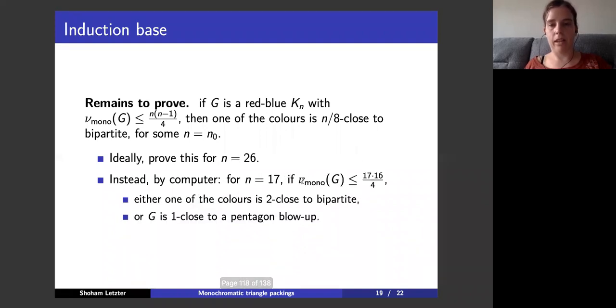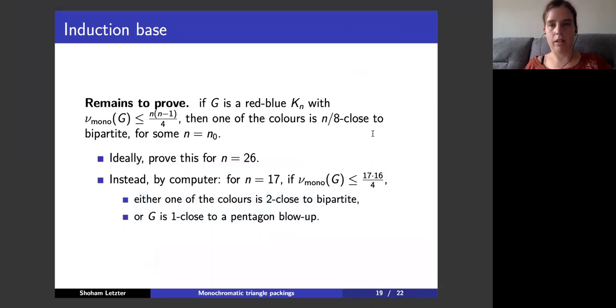And we proved that if the packing number is small, then either what we expect happens, one of the colors is close to bipartite, or the other thing that one would expect happens, our graph is close to being a pentagon blowup. And then we can use induction on these graphs, and we handle the pentagons separately. Okay, so this is our proof.